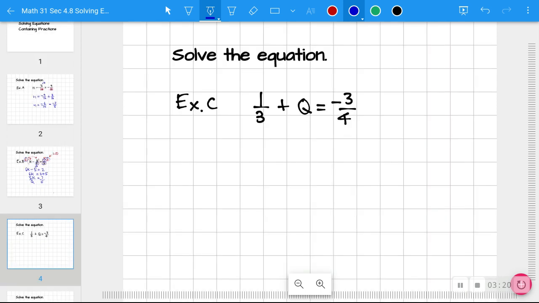So here's another example of one that has different denominators. You can see we have a denominator of 3 on the left and 4 on the right, which incidentally, these numbers go into 12. So we're going to clear the fractions by multiplying the left and the right by 12.